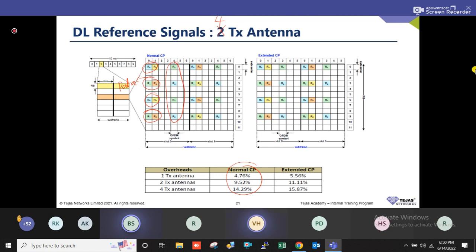How much throughput will it impact? If you have only one antenna, 4.76% of the data will be taken by the reference signal. If it is 2 antennas, it will be 9.52%, and if it is 4 antennas, 14.29% of the data rate will be occupied by the reference signal.